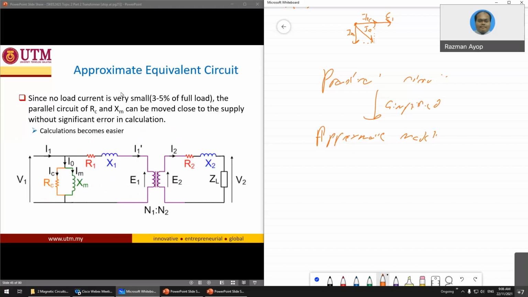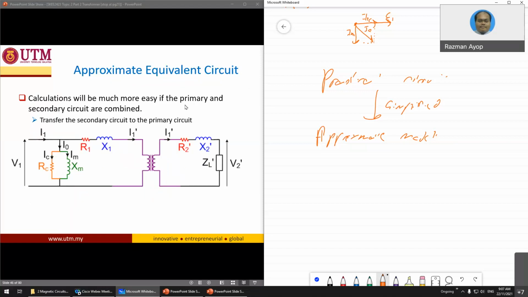Since the no load current I naught is very small, only 3 to 5% of the full load, the RC and XM can be moved closer to the supply without a significant calculation error. So the calculation becomes easier. You just move the RC and XM to the left side. They're still different, but the difference is not too large.